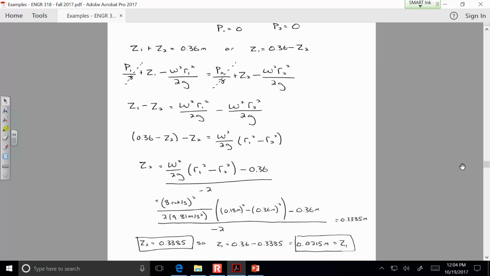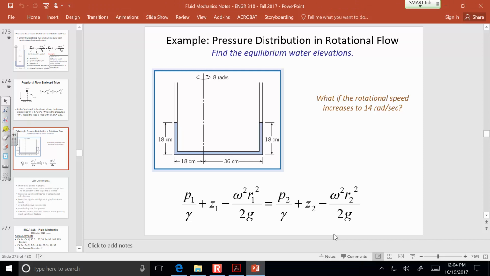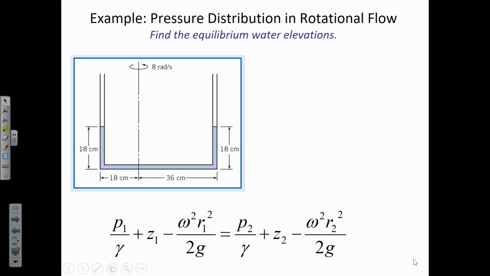Now think about the system physically. What happens as we speed it up and slow it down? It's only got 2 centimeters of water when it's spinning at 8. What happens if you just plug the new rotational rate into the equation? Here was the equation that we had.